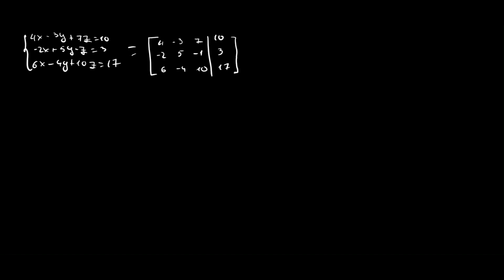Okay, so let's start with the step 1. The step 1 says that we have to find the pivot number in the first column and we have to transform it. We have to make it 1. So let's do that. So for that we have to divide row 1 by 4.